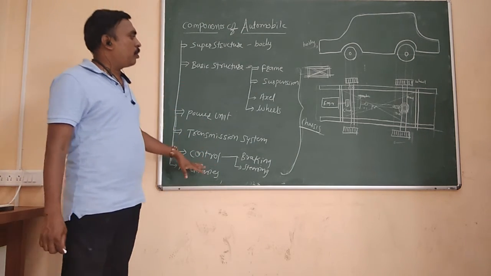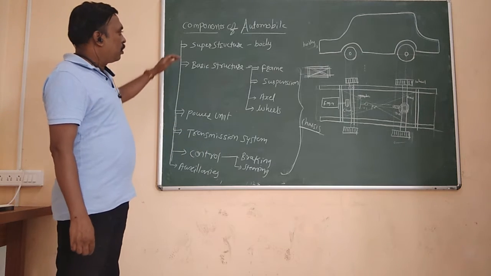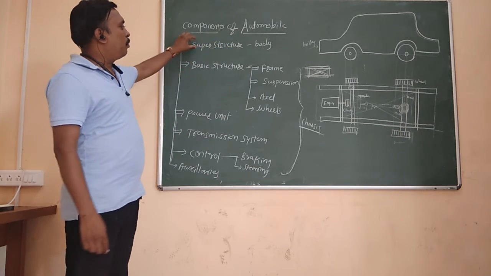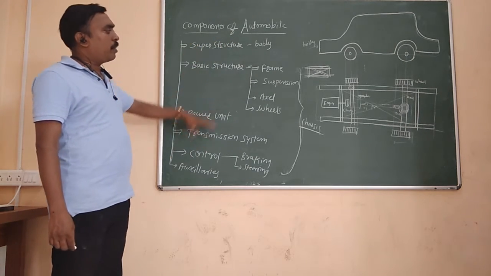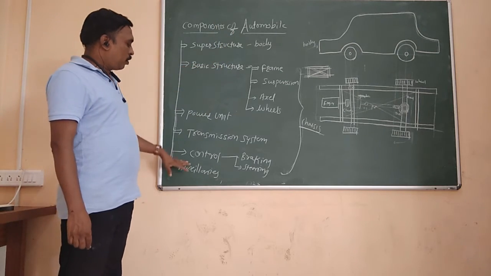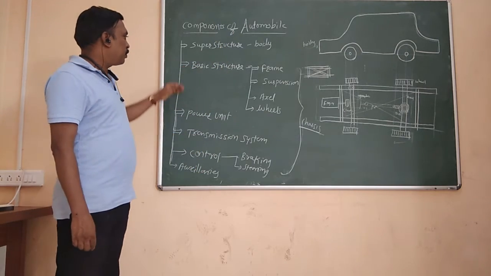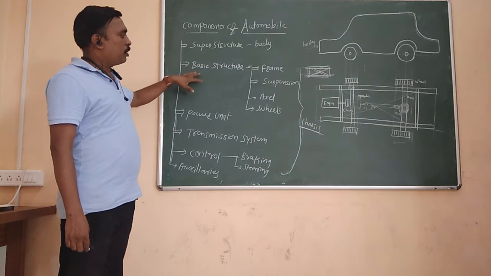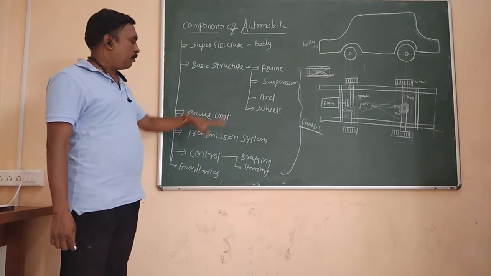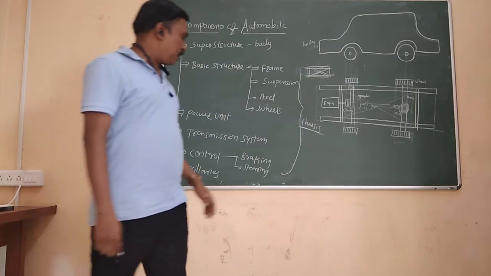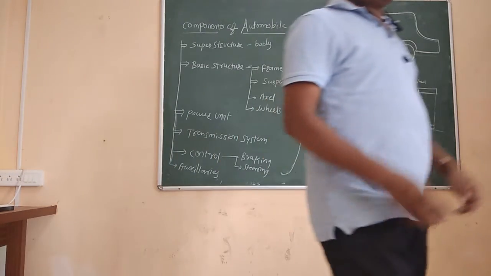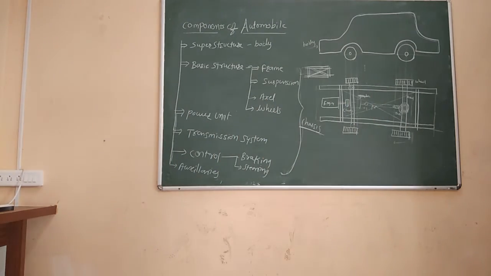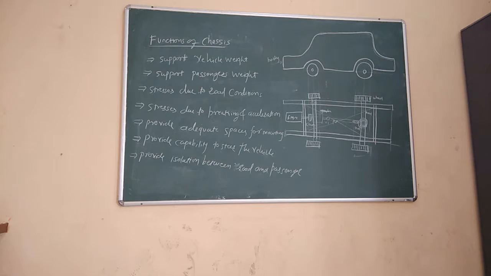So superstructure is the body. Superstructure plus chassis you can call the vehicle, and auxiliaries are the additional things. So: superstructure, basic structure, frame, suspension, axle, wheels, power unit, transmission system, and control with braking and steering, and auxiliaries like mirror.